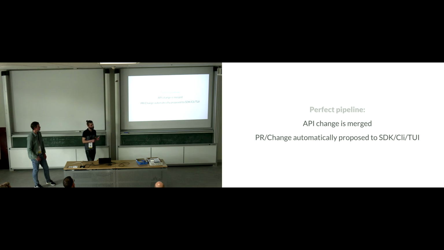I'm re-implementing Keystone in a way that I'm generating OpenAPI directly from the source code, which is the second approach that Steven mentioned, which unfortunately we can't do right now in the current OpenStack services, but which is really valid. And so once I merge the change into Keystone NG, a pull request is automatically created into CLI, TUI, SDK, whatever, with exactly the same change.